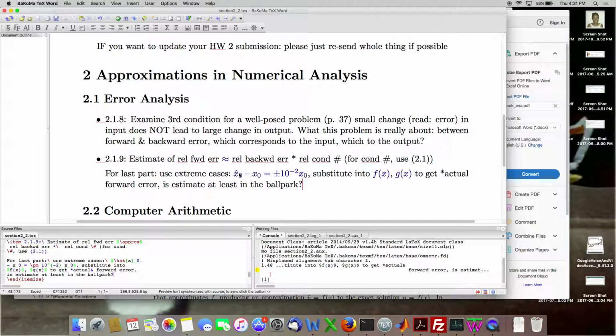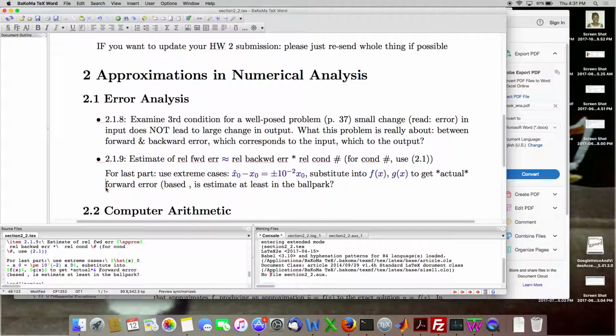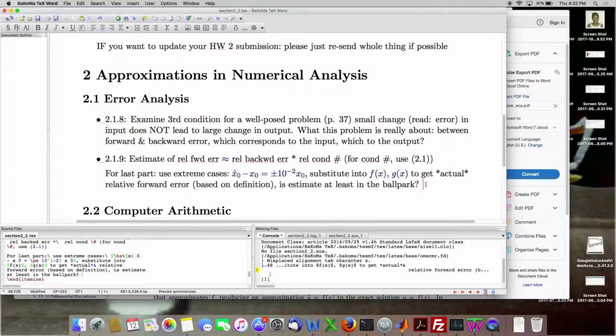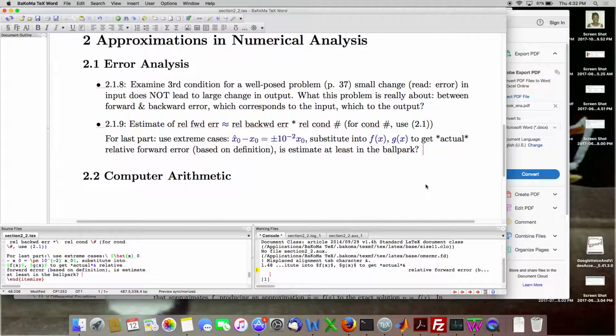And since a function is so easy to evaluate in these cases, we can see what the actual error would be: f of x naught hat minus f of x naught, divided by f of x naught. I say actual forward error, and I want to make clear this is the relative forward error based on the definition. All right, so that's the walk through that problem.